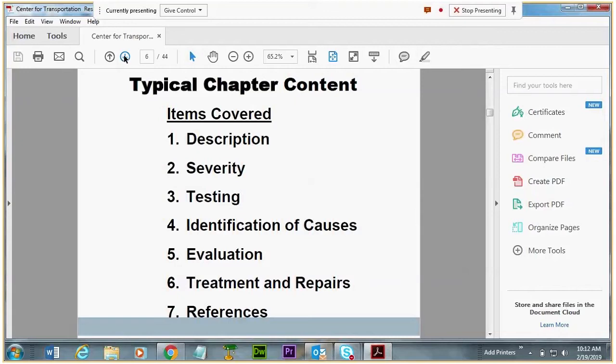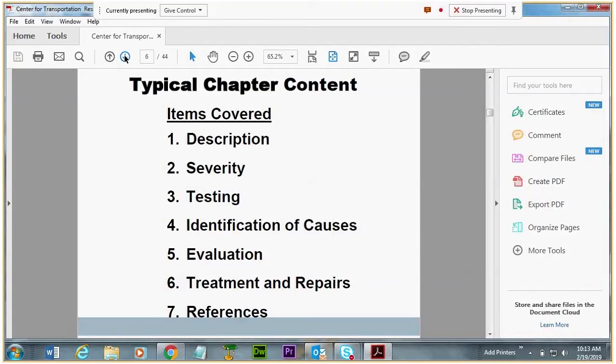In order to corral this entire book into something that was uniform for each author, we came up with a 7-point item that the authors had to write around.